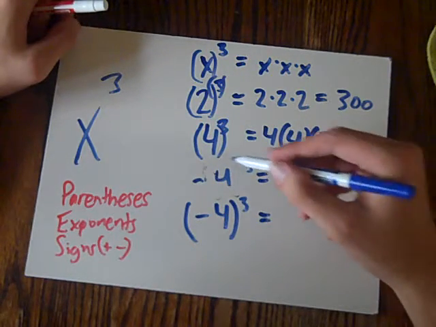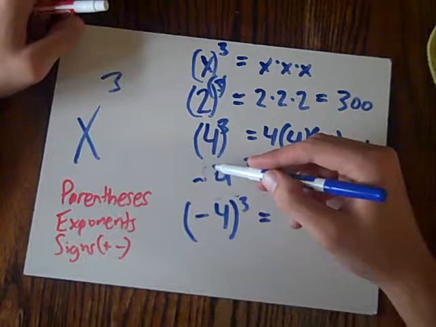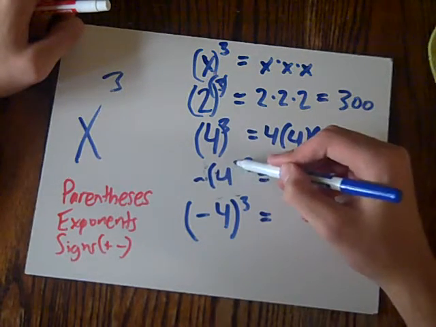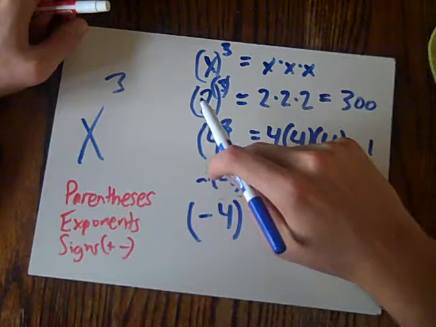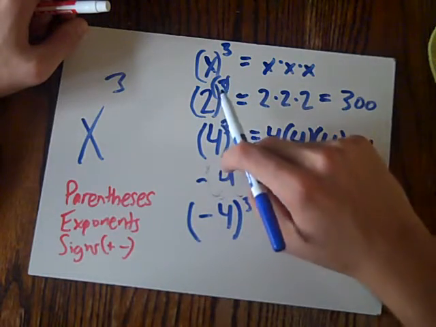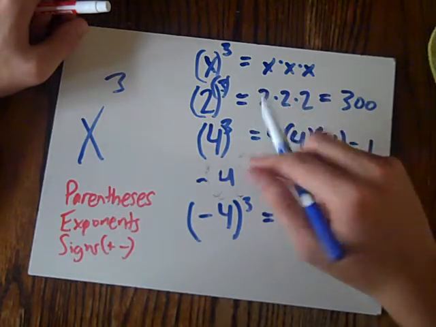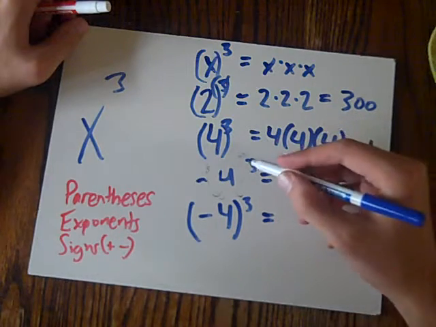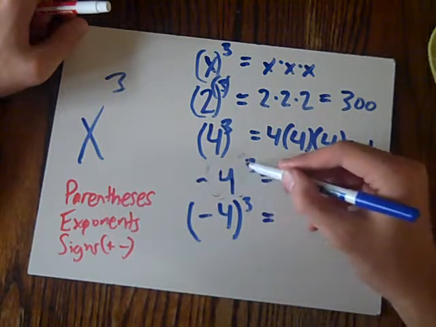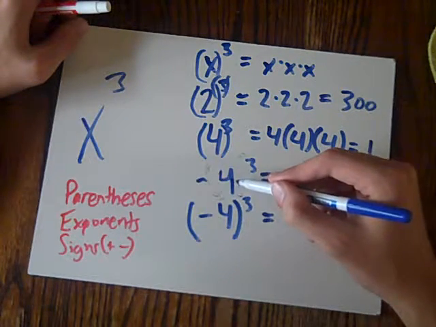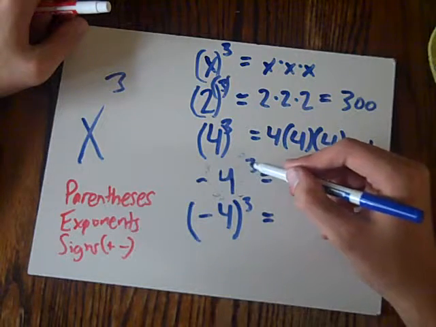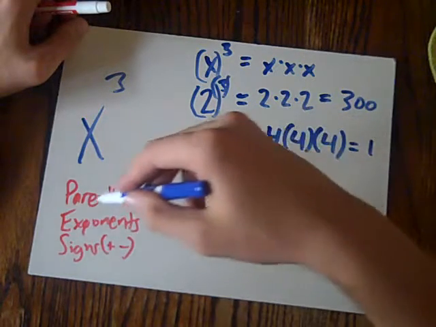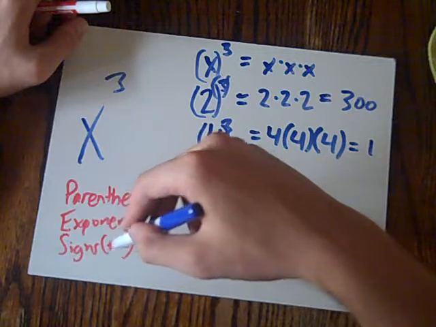So, 4 to the power of 3. Basically, it's 4 times 4 times 4, because we evaluate the exponents first and then we evaluate the sign.